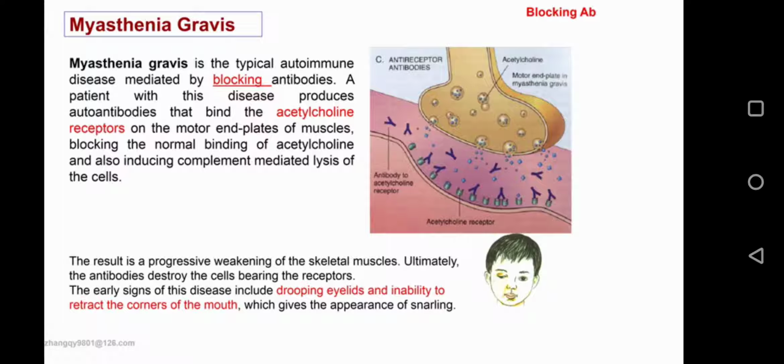So I think this is a good example of an autoantibody whose function is not stimulating. Its function is blocking. Okay, we finish type 2.